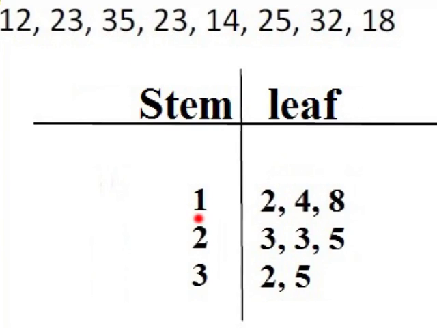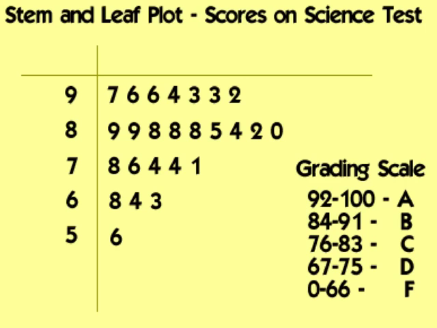So we've got 12, then a 14 and an 18, then a 23, another 23, and a 25, then a 32 and a 35. That accounts for all 8 of our numbers. You might ask, why in the world do we need to do that? Let's take a look at an example.